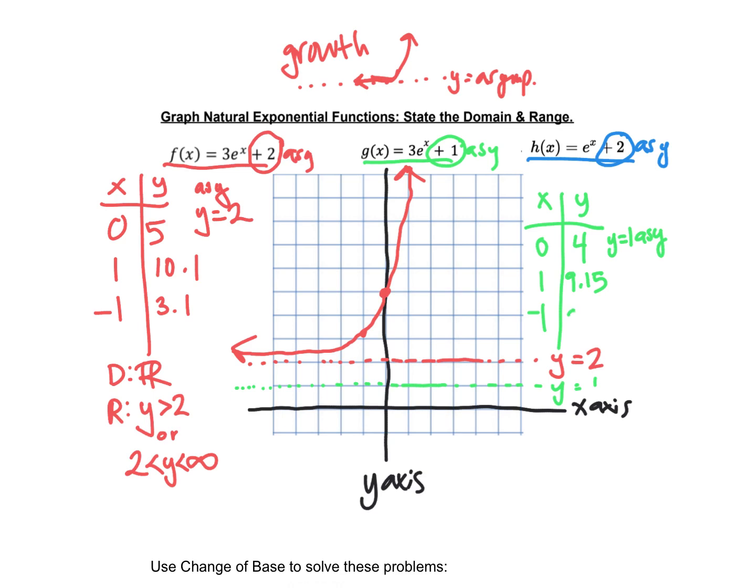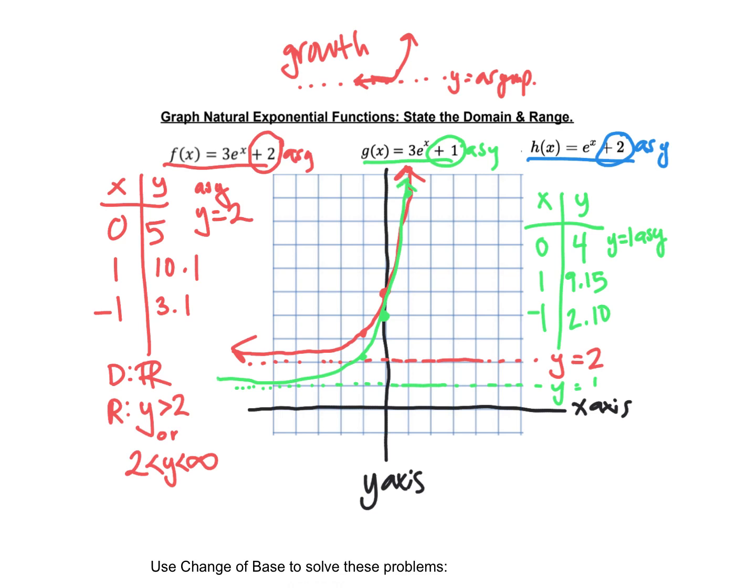And I get 2.10. Okay, so let's go ahead and graph those. So 0, 4, 1, 9.15, which is about here-ish. And then negative 1, 2.1 is about here-ish. And then we know it follows our asymptote.